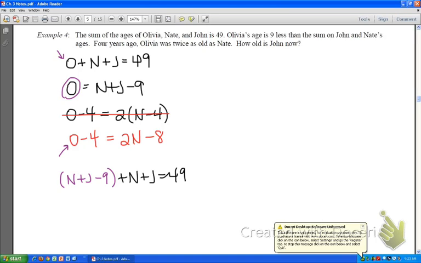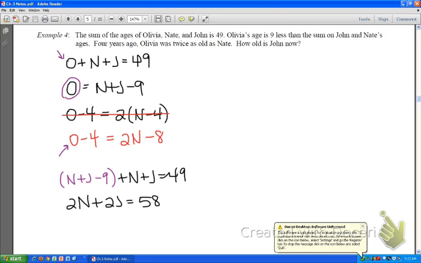Okay, I don't have anything to distribute into the parentheses, so I can just combine like terms. I have two n's, I have two j's, and then I'm going to take this 9 and add it over to this 49 so that I'll have 58 on this side. So that's one of my systems of two equations, right?